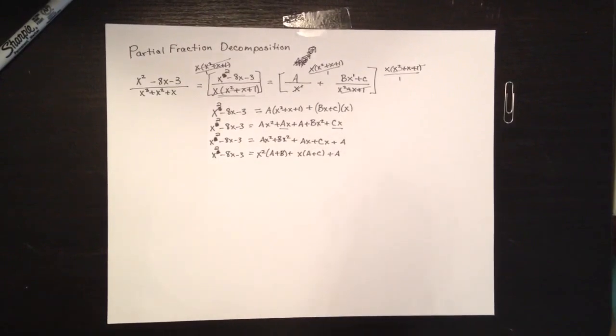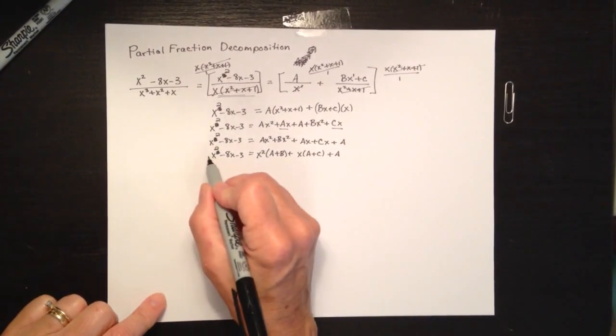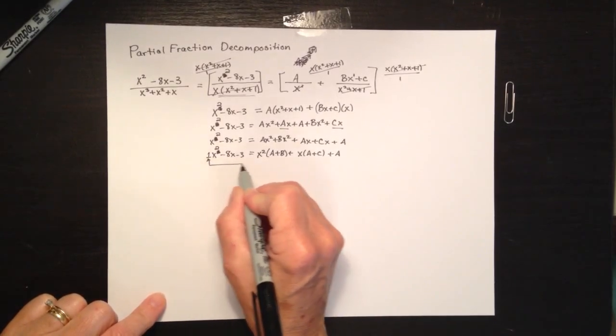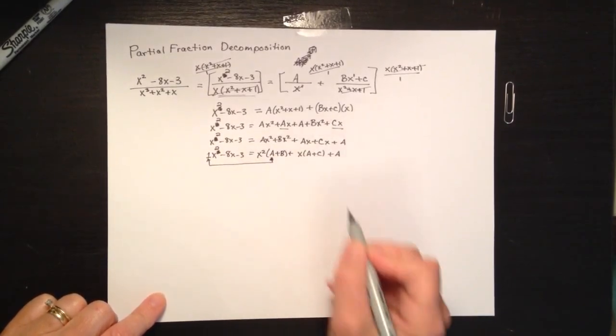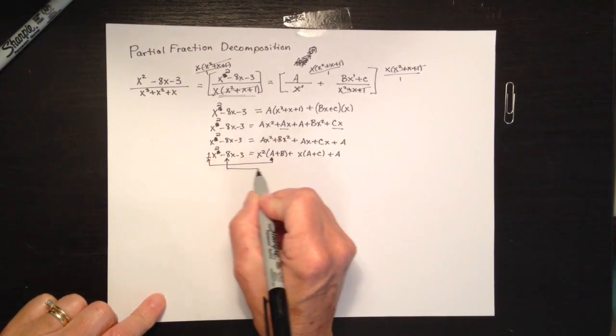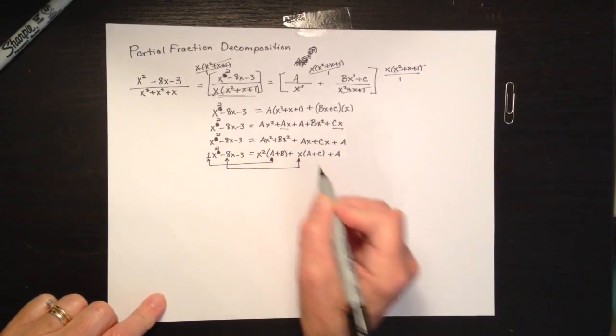Now we equate coefficients. The coefficient in front of this x squared term is a 1. So we're going to say 1 is equal to a plus b. The coefficient in front of the x term is negative 8, so we're going to say negative 8 is equal to a plus c.